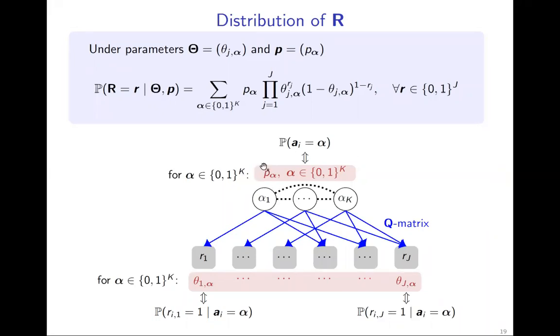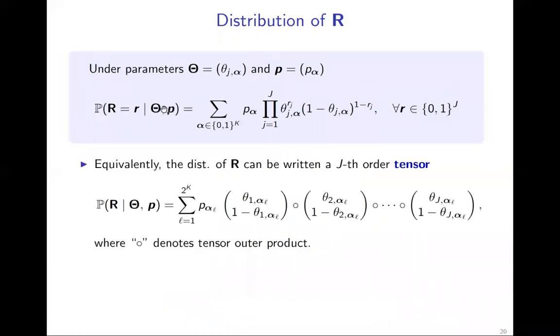On the latent side, we have the proportion parameters P alpha. And remember that if there is any attribute hierarchy, then certain P alphas will be constrained to be 0. And on the observed side, we have the Bernoulli parameter theta describing the qualities and characteristics of the observed items. And the Q matrix implicitly plays a role in constraining these theta parameters, although I didn't write the Q matrix in this definition.